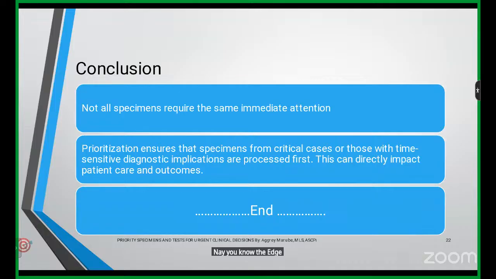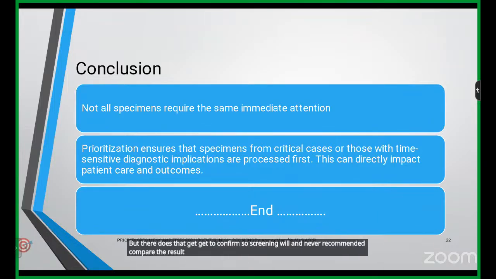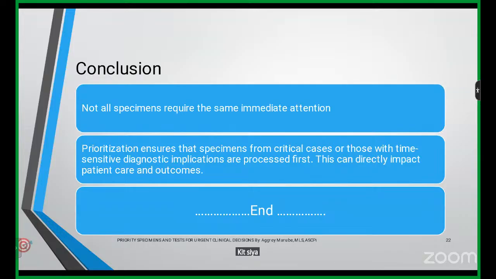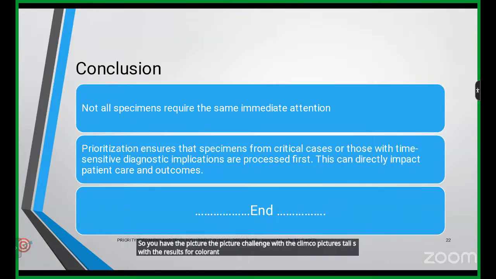The essence of rapid diagnostic test kits is to screen, but there are tests that are there to confirm. So screening will enable a clinician to compare the results from the rapid test with the clinical picture to make a quick clinical decision. So if the clinical picture tallies with the results for cholera, further testing must be done.